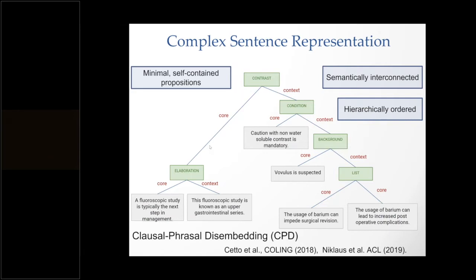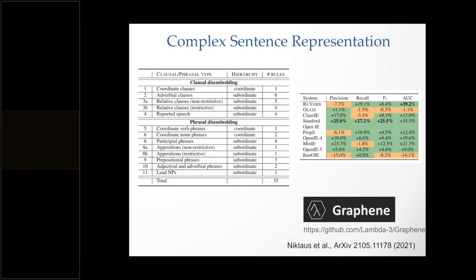On top of these statements that you can see, for example, on the leaf nodes in this tree, you can apply open information extraction and then derive triples out of that. But then you are working in a much more controlled semantic environment. And when we applied downstream relation extraction frameworks, we found a significant improvement in the quality of that relation extraction.